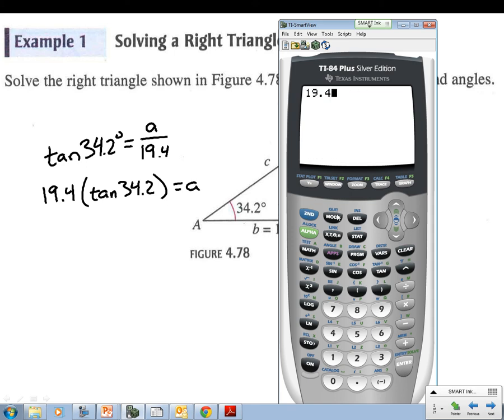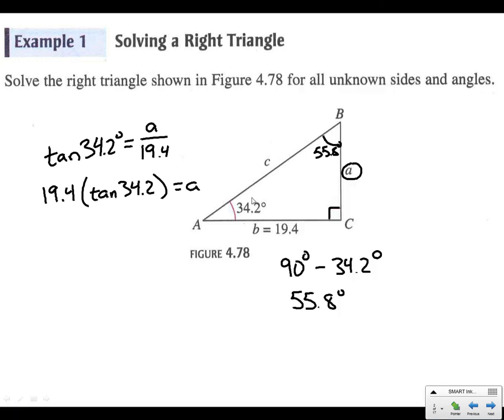Degrees, get back in here. 19.4 times the tangent of 34.2. Hit enter, and we've got 13.18. And so we'll round that to 13.2. Since they were giving us just one decimal place here, we'll go with what the problem has already started with in terms of decimal places, 13.2.